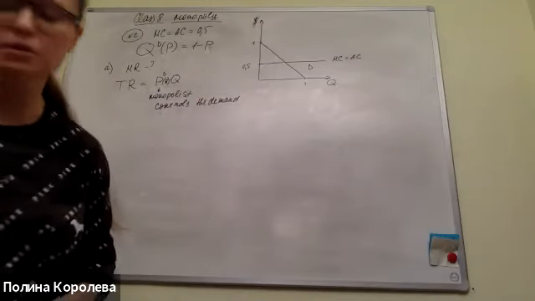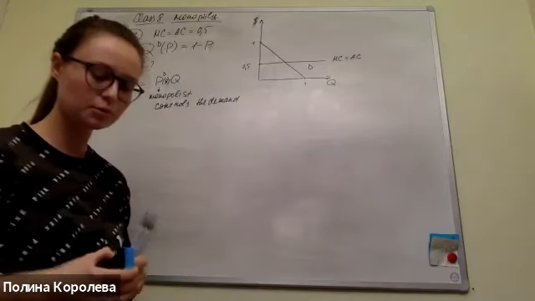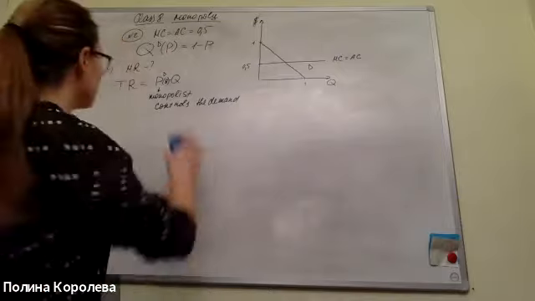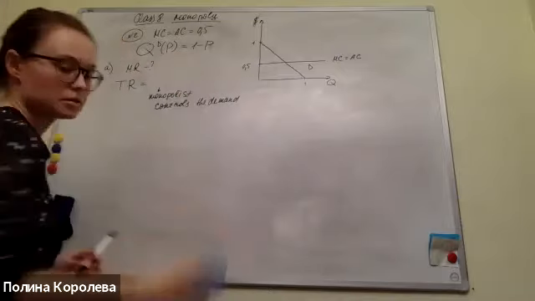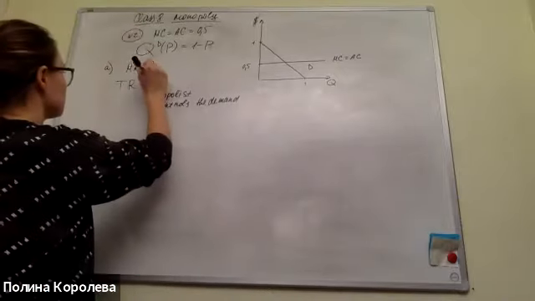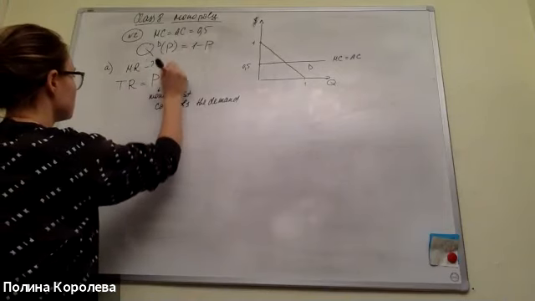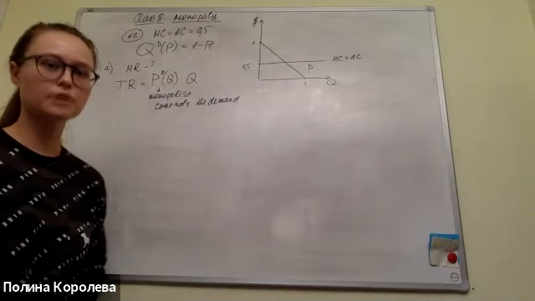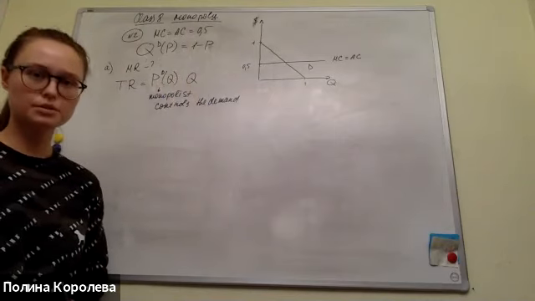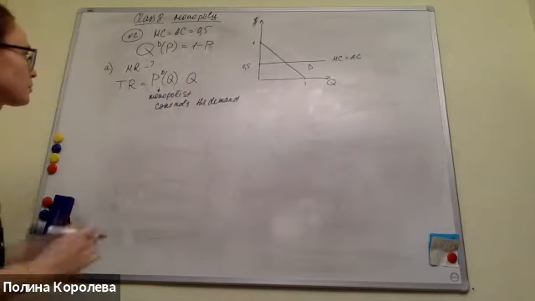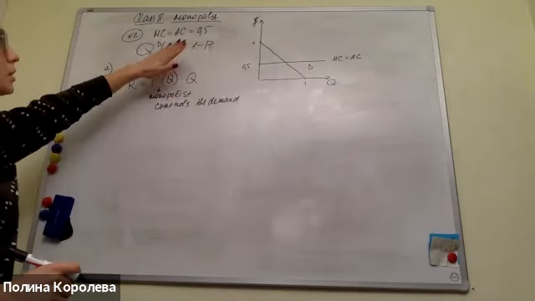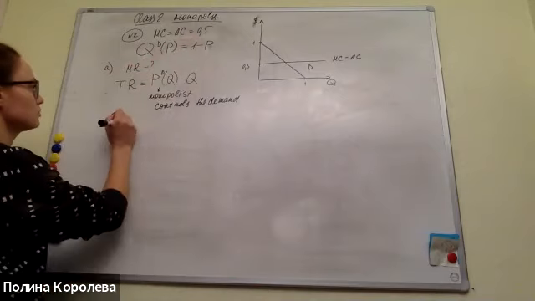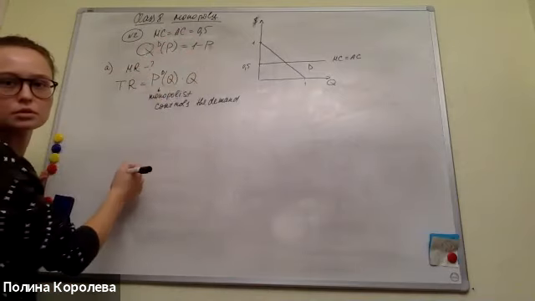By definition, the inverse demand function is the maximum willingness to pay of our buyers. So here, the inverse demand function multiplied by the quantity. Total revenue is a function of the quantity here. So we have a demand function. How to find the inverse demand function? Express price, and that's all, from demand.